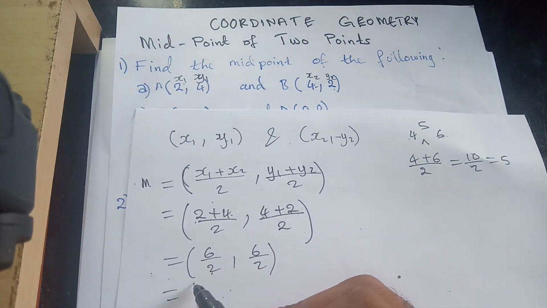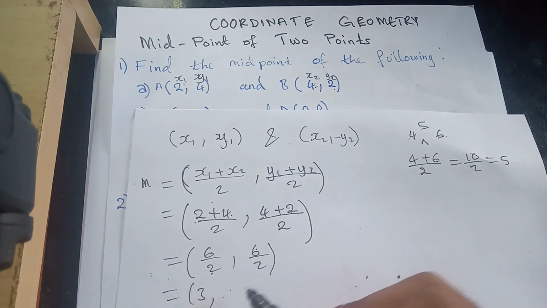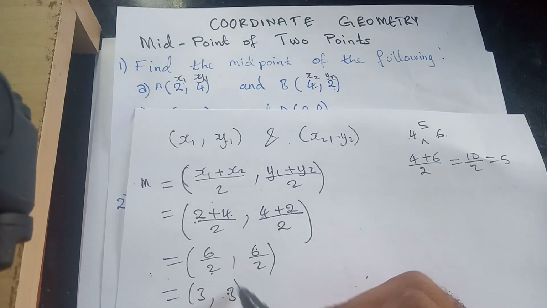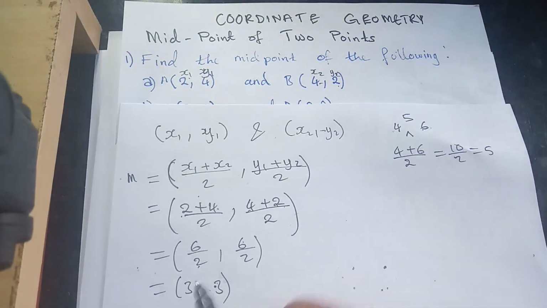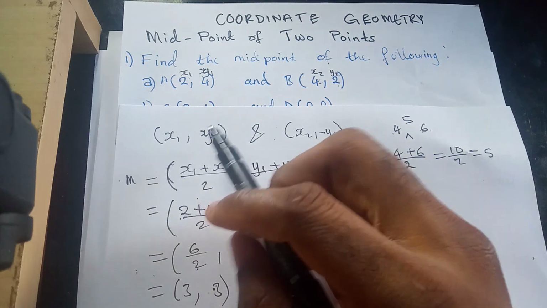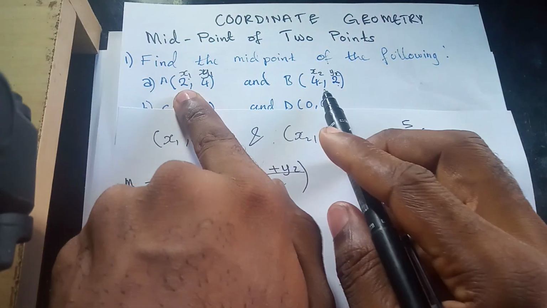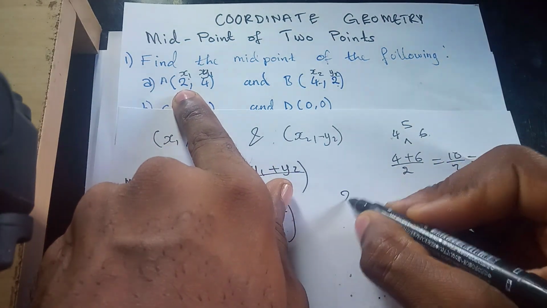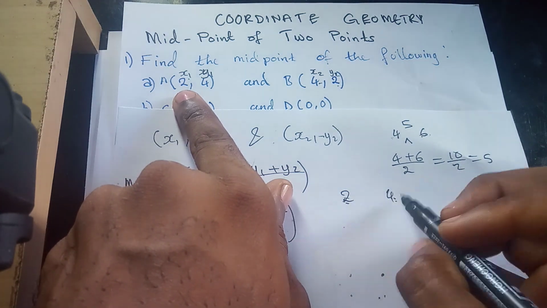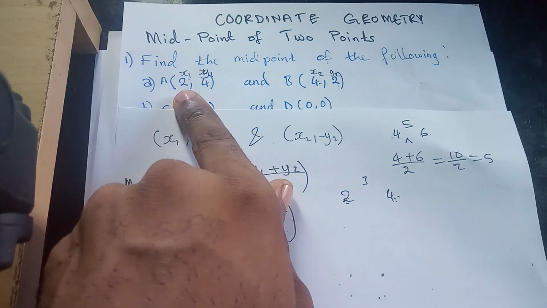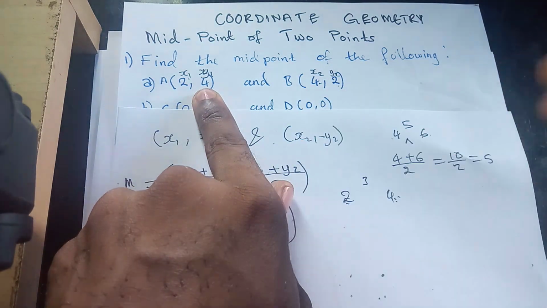So this into this will be 3, and then this into that will be 3 as well. So the midpoint of A and B is 3, 3. And this makes a lot of sense because when you look at these two numbers, you have a 2 and a 4. The number which is in between these two is a 3. The same applies to these two here.